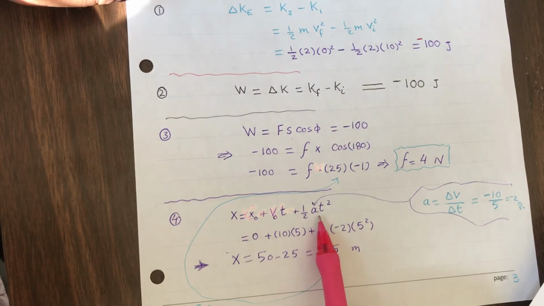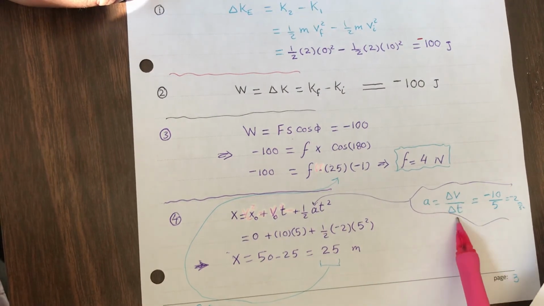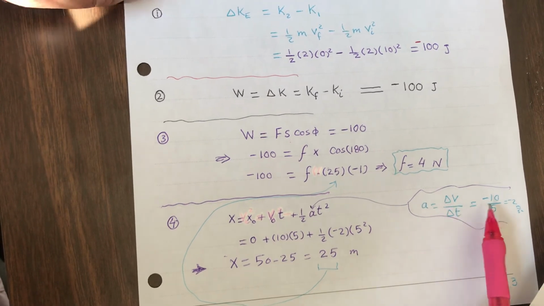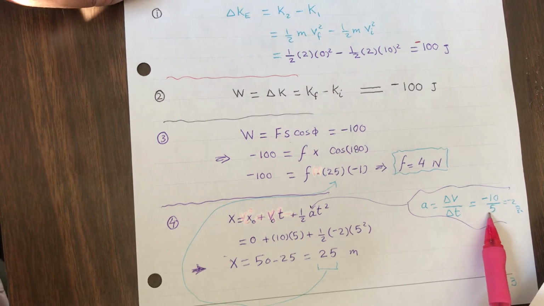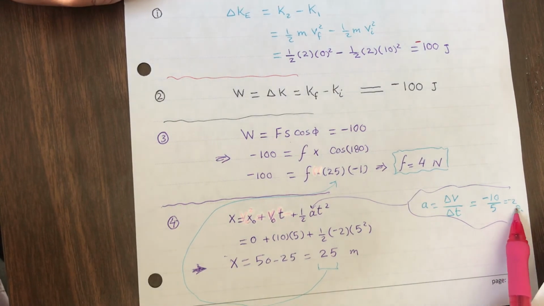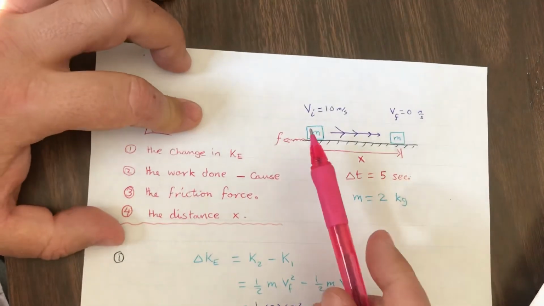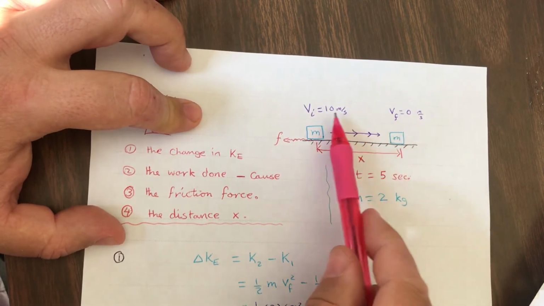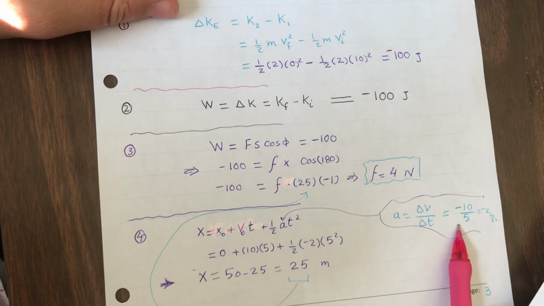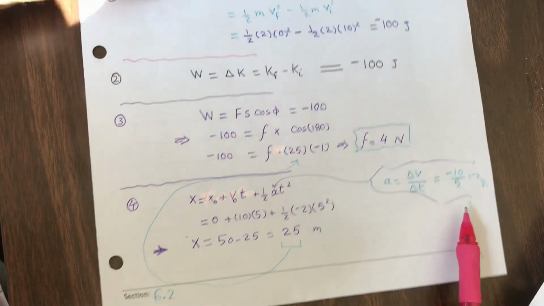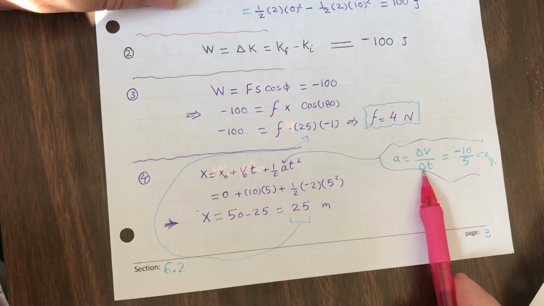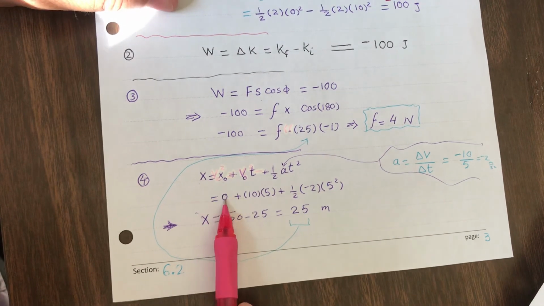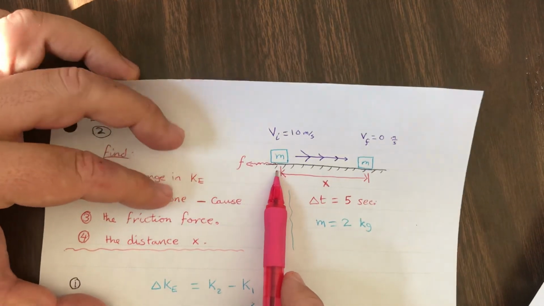The acceleration is simple to compute, which is delta v over delta t. Delta v is negative 10. The time is 5, so the acceleration is negative 2 meters per square second. The v initially is 10. V finally is 0. 0 minus 10 is negative 10. Then we are able to compute the acceleration. Now, x is unknown. x0, we can assume our motion starts from 0, from the origin.